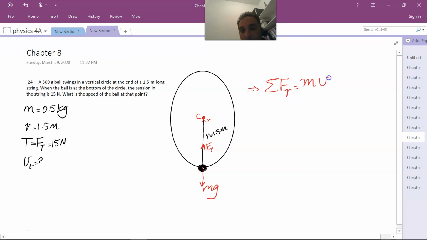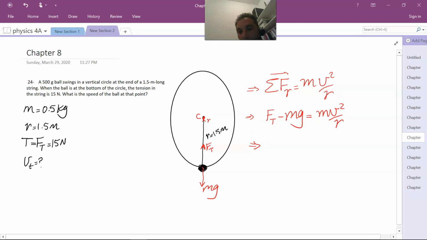M V square over R. How many forces do you have toward the center? Only one. That is tension. So I'm going to write the tension force, or T, doesn't matter. It's positive, yes. Minus anything outward of the center, mg, equals mv square over r.